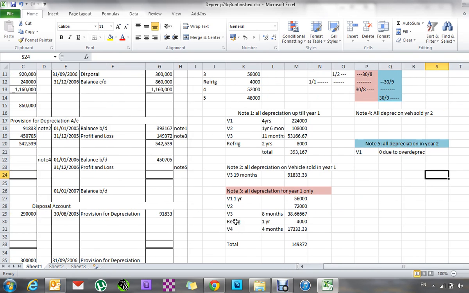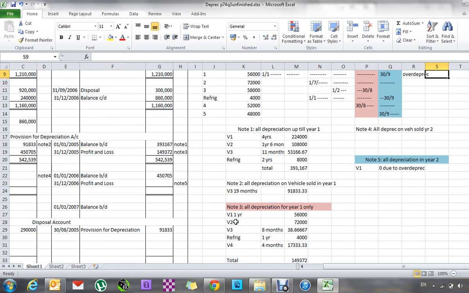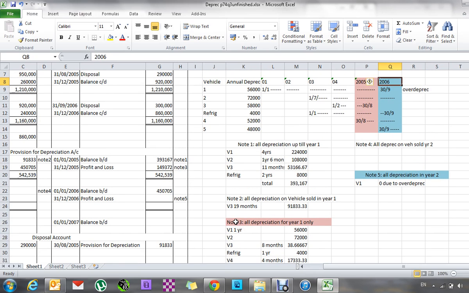Now I move back to the vehicle sold in year 2, note number 4. That's this vehicle here, vehicle 1, and it had the refrigeration system attached to it. Now remember, vehicle 1, I have maximised its depreciation at the end of 05, so I'm only able to depreciate 5 years, which is what the thing was originally worth, 280 grand.